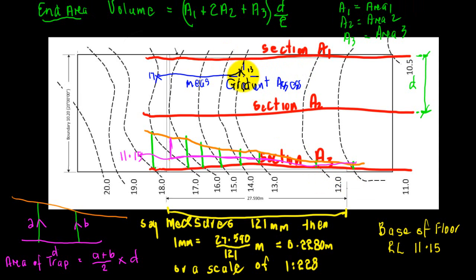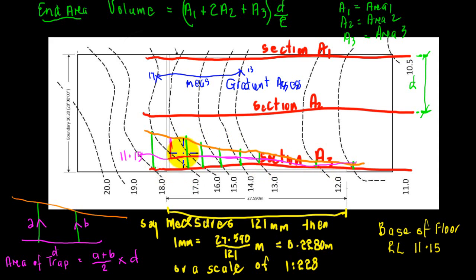So just to recap on that, you do your 3 sections, work out your scale. For each section you need to draw a cross section. You can do it on the back of the sheet if you wish, and again then you work out the area of those cross sections, or the area of the piece that has to be the dig out, and then apply that into the end area to work out the volume.